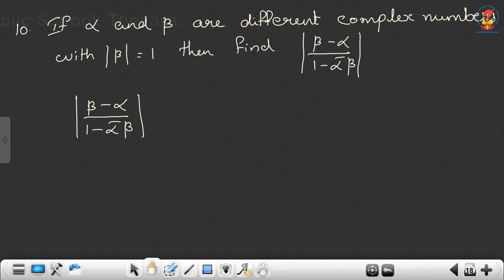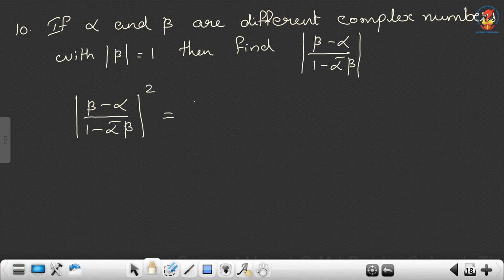If it is like this, we can't simplify. So better take mod square. If it is mod z square, we can write it as z into z bar. So here we have to find the modulus of this expression, so I take that mod square.